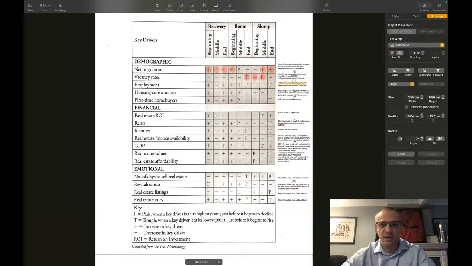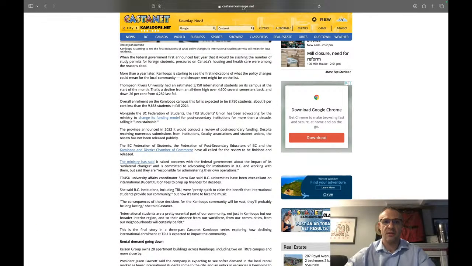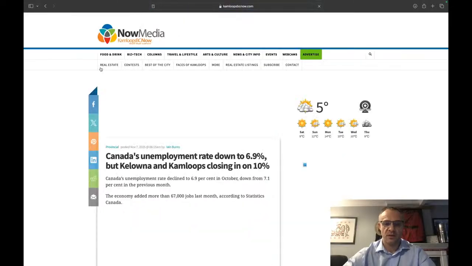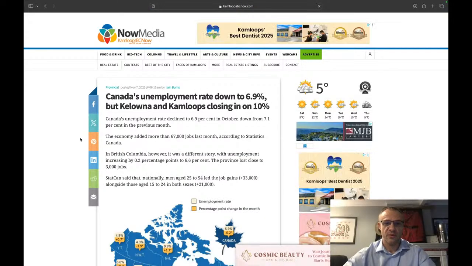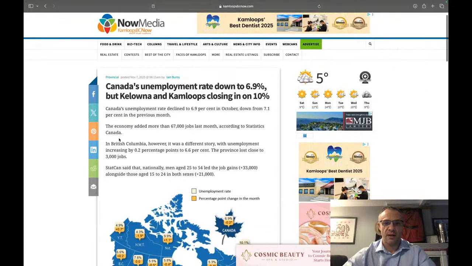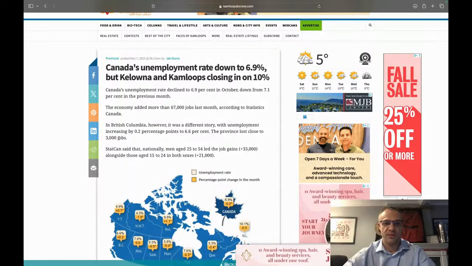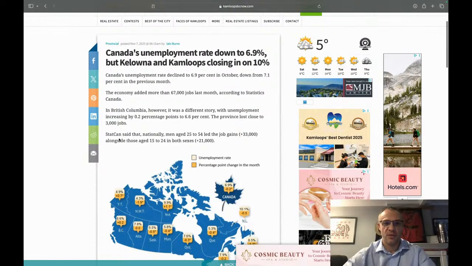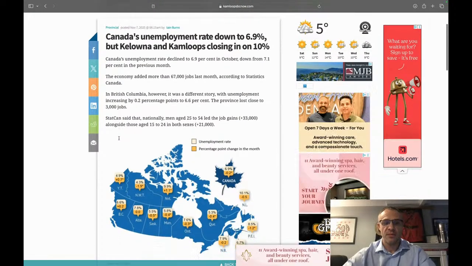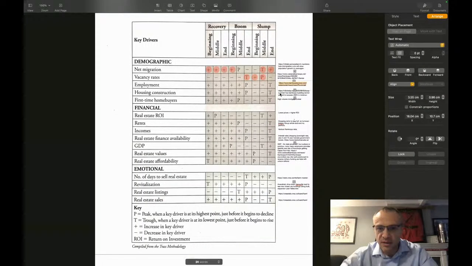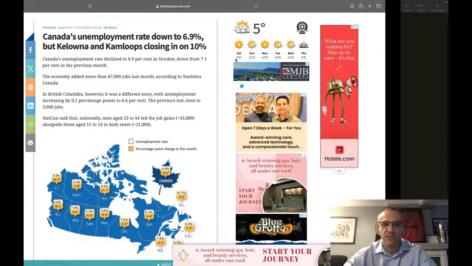So the next one up is employment, and you can achieve this with a Google search for your own market. So unemployment is up in Kamloops, but we've got some conflicting data because employment numbers are up.